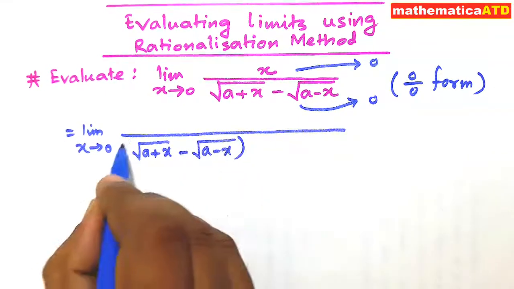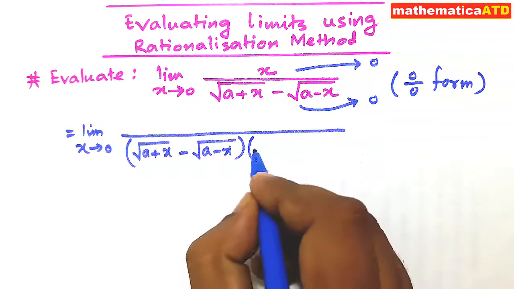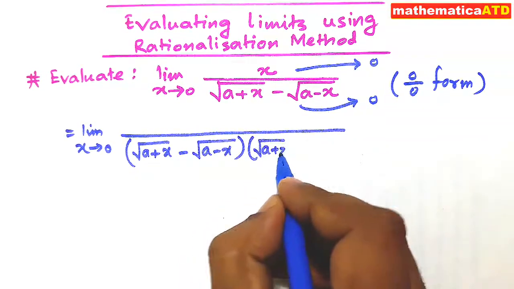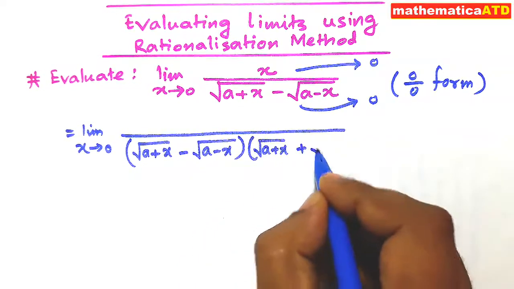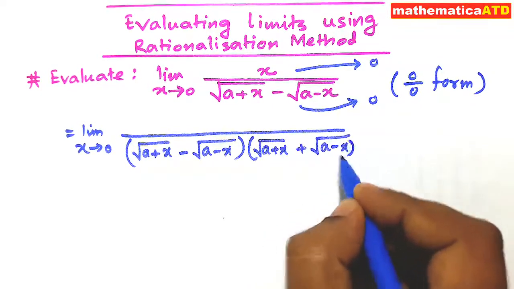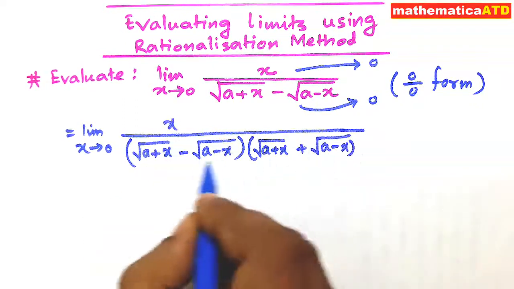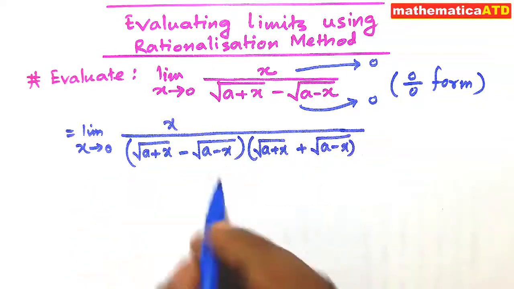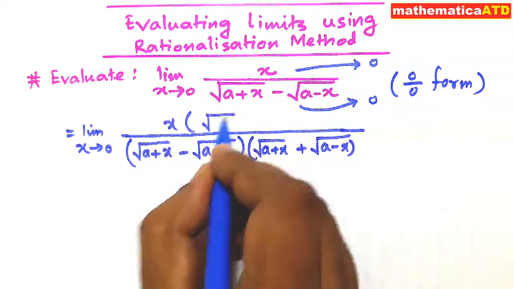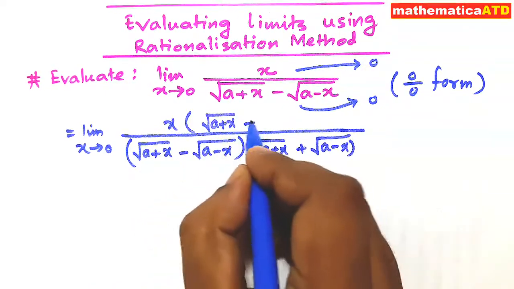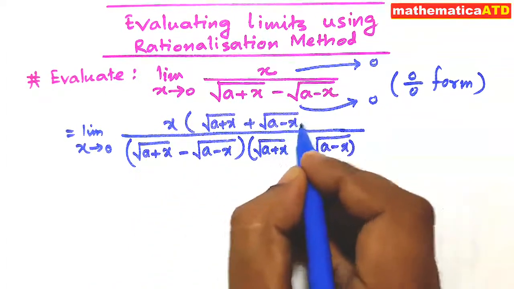Now we shall rationalize this denominator. So we are multiplying both numerator and denominator by the conjugate of this one, that is root over a plus x plus root over a minus x.